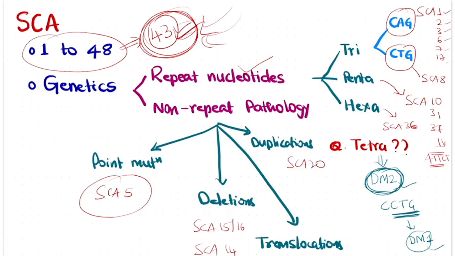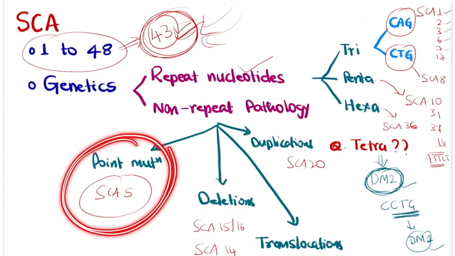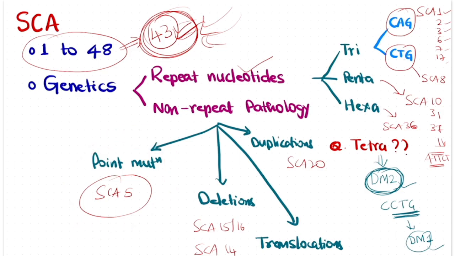It is very difficult to remember all these things, but just try to remember that among the non-repeat ones, SCA 5 is very important in terms of examination, because there is a phenomenon of anticipation. All of you must be knowing. Anticipation means with each subsequent generation, the onset of the disease becomes much earlier.